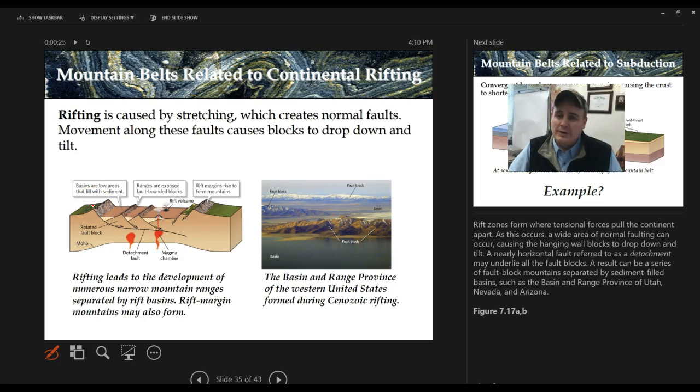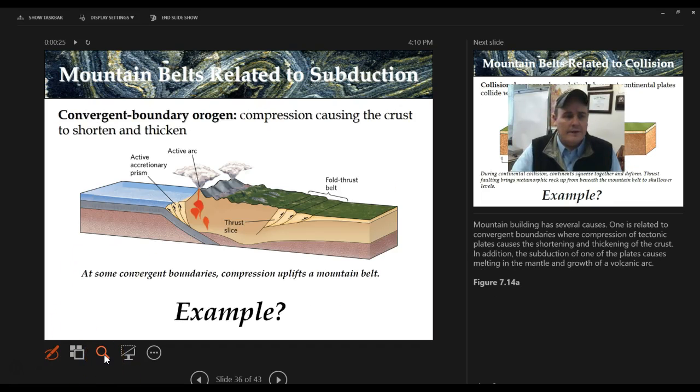Also happening in the middle of Africa, the African Rift Valley, where you find these rift valleys with the lakes and things like that. Some volcanics come up through it because the crust is thinner. Okay, or you can have things where two plates are coming together. Okay, like in this example where we have an ocean plate coming in with a continental plate.